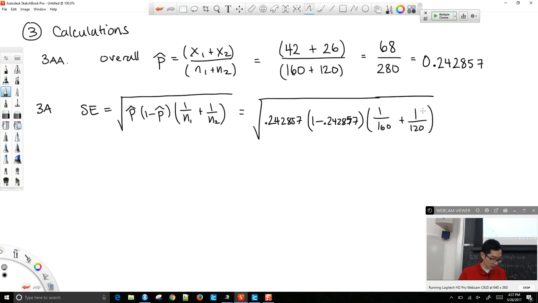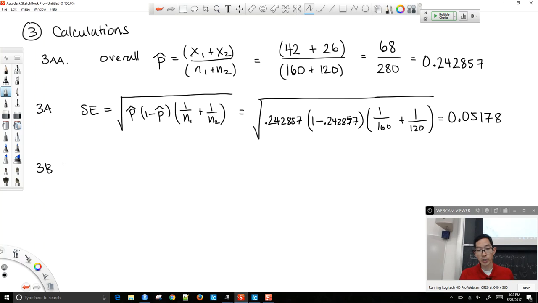Alright, so this takes a little bit of time to punch in the calculator, but I'll do it. I take the square root of that, and I get 0.05178. Something around there. Okay, there's my standard error.